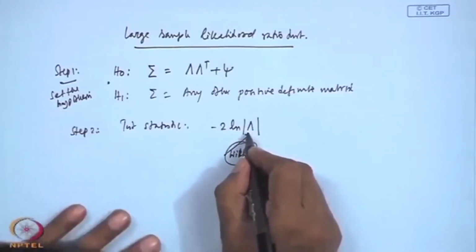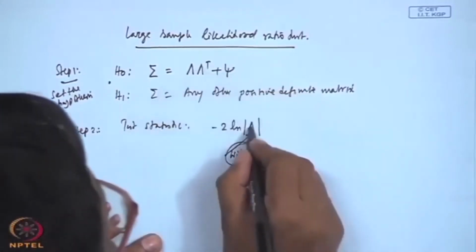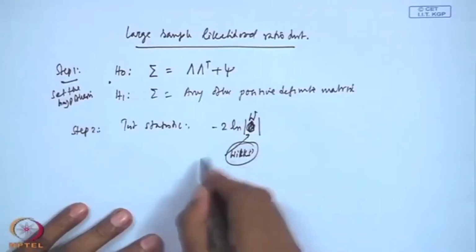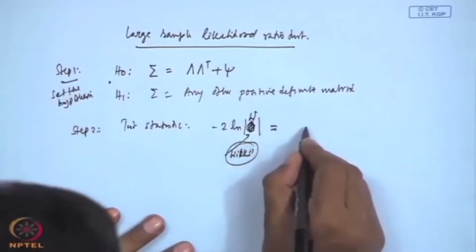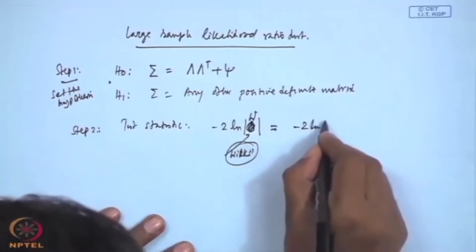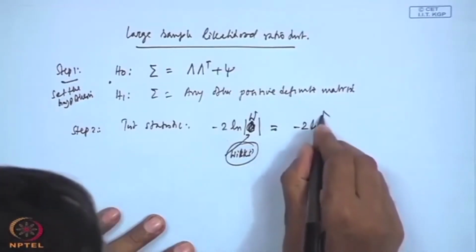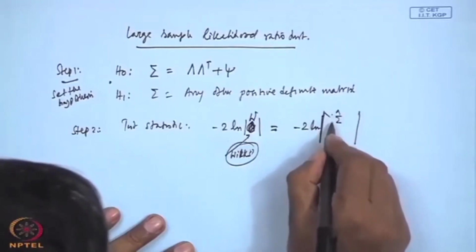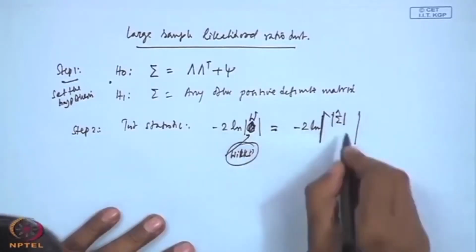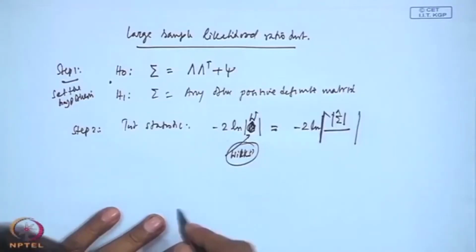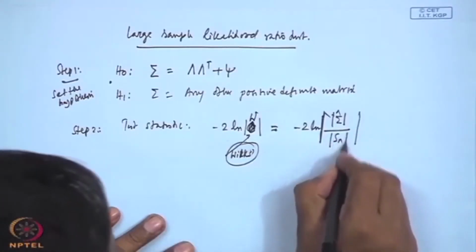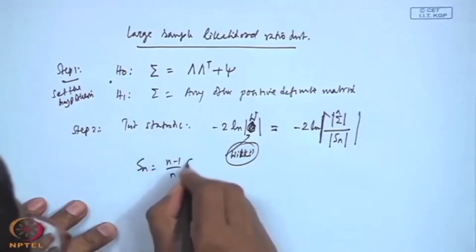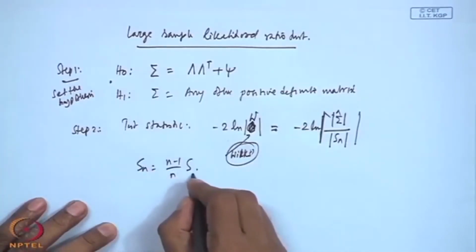So, if I write it like this, let it be W. We are creating this, and that one is minus 2 log determinant of sigma cap by determinant of Sn, where Sn is n minus 1 by n into S, that is the sample covariance matrix.